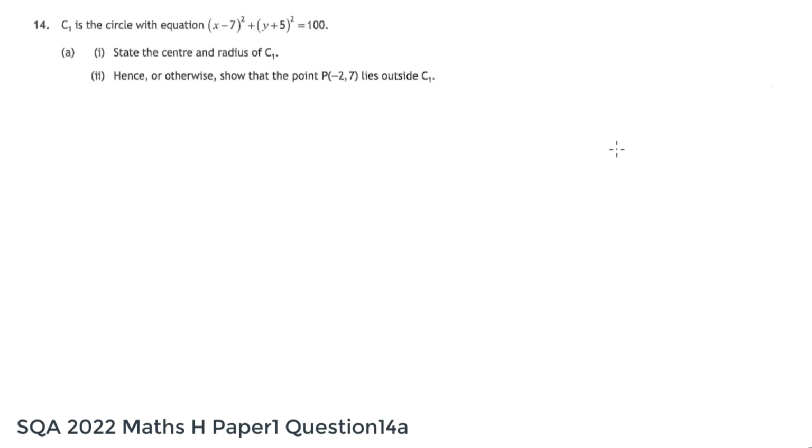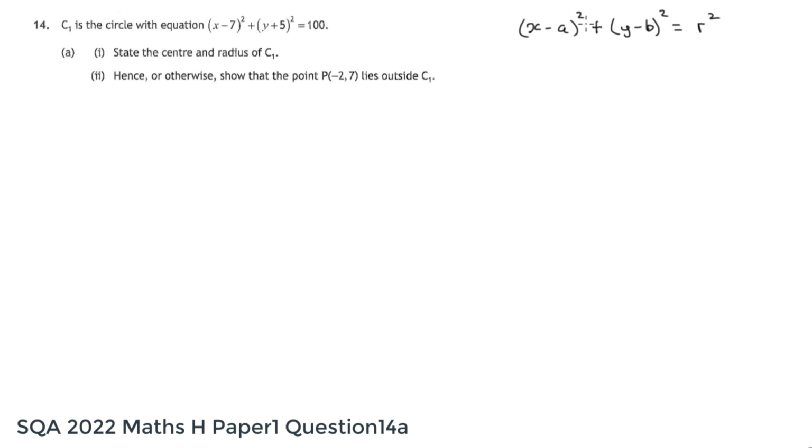So here we have question 14. We're given the equation of a circle called C1, and we're asked to state its centre and radius, and we're asked to show that this particular point P, of which we're given the coordinates, lies outside C1. Now the crucial fact for part A, finding the centre and radius, is that we refer to the standard equation which is given in your formula sheet in the exam.